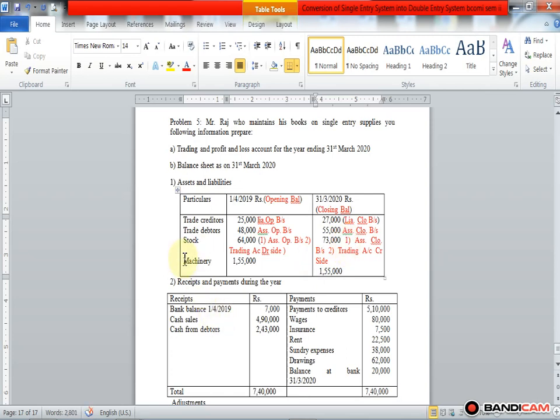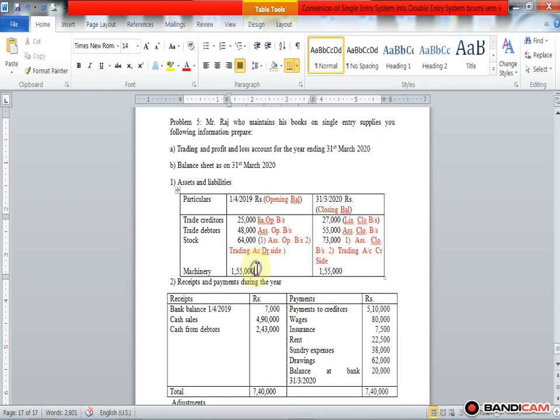Machinery amounted to rupees 1,55,000. The opening balance of machinery is 1,55,000 and the closing balance is also 1,55,000, so no change.